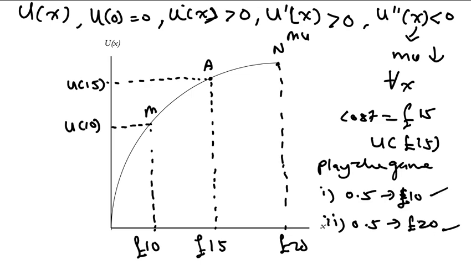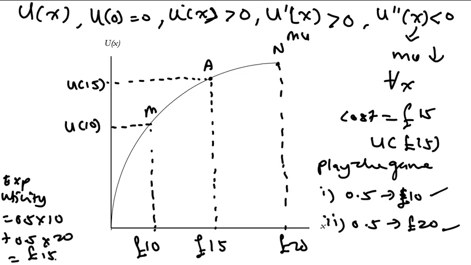So the expected payoff here is given by 0.5 times 10 plus 0.5 times 20, and this gives us 15 quid.